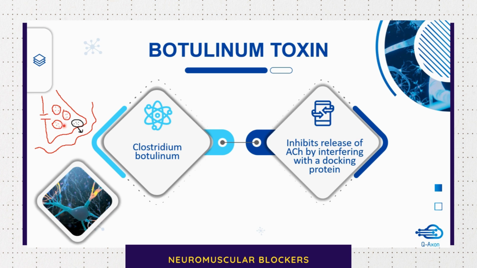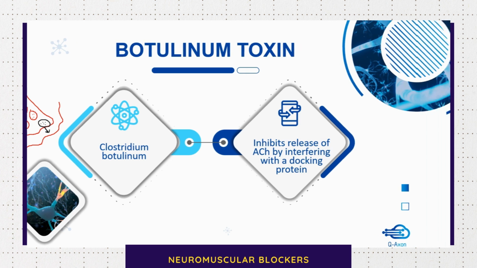So the acetylcholine vesicles are docked to the cell membrane, and then there is release of the acetylcholine by exocytosis. Now, botulinum toxin interferes with the docking proteins, blocking the process of docking. And therefore, there is no release of acetylcholine, and this leads to failure of neuromuscular transmission. So this is how muscle paralysis is brought about.